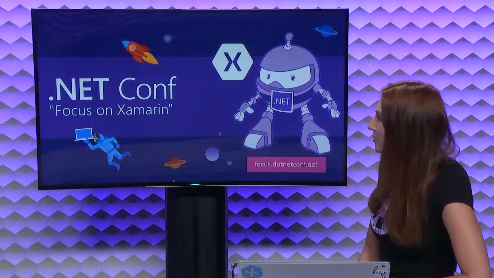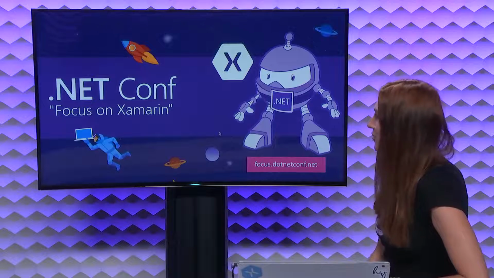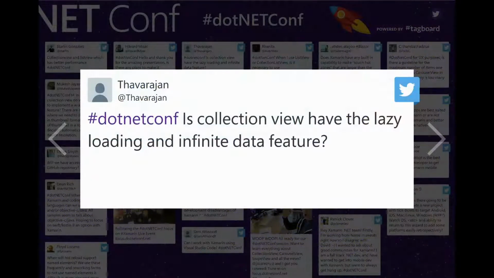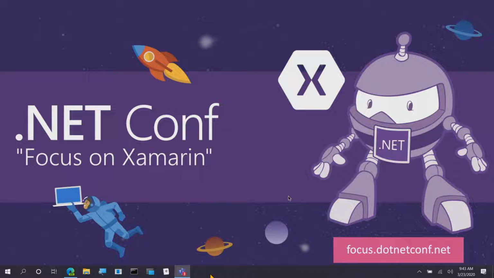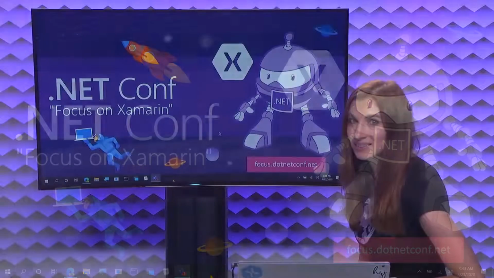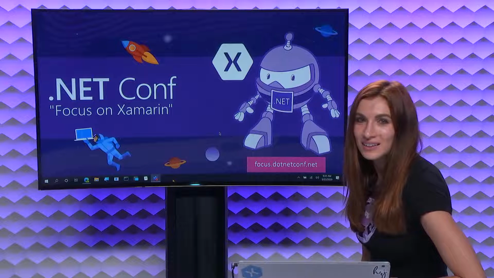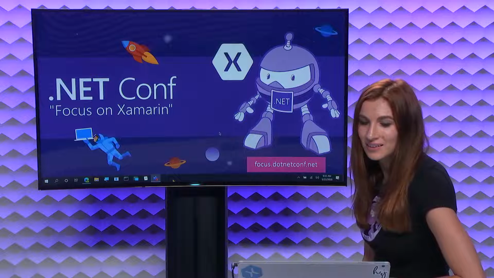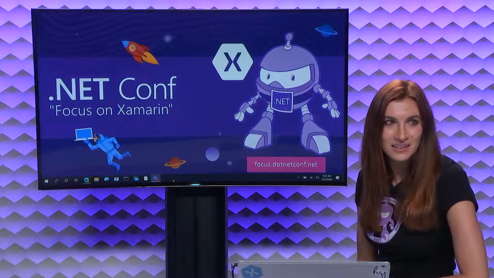Yes, we have just one quick question before we head over to the next speakers. And that is, does CollectionView have the lazy loading and infinite data feature? I think you are able to implement it yourself. We could probably do more in that area to support you out of the box.